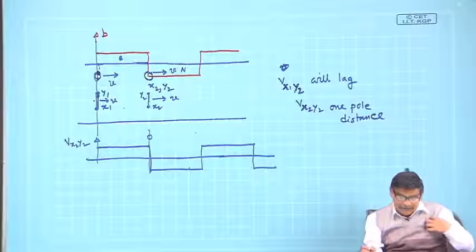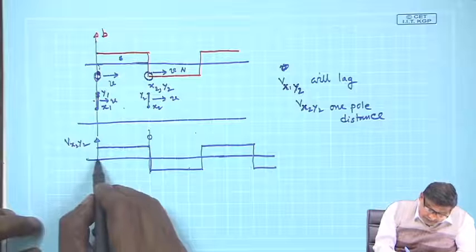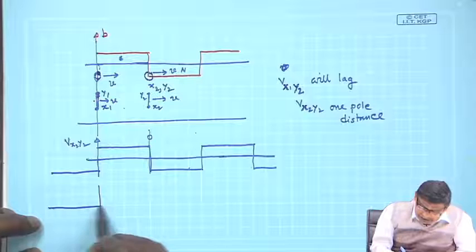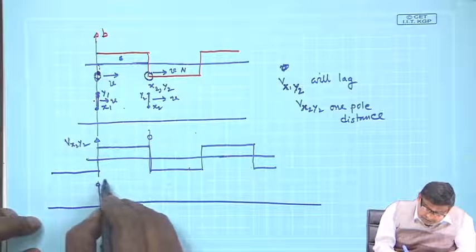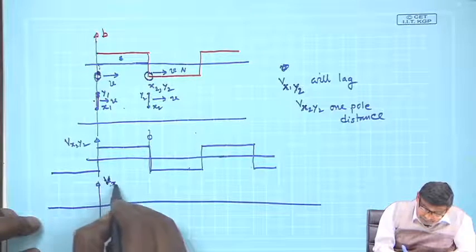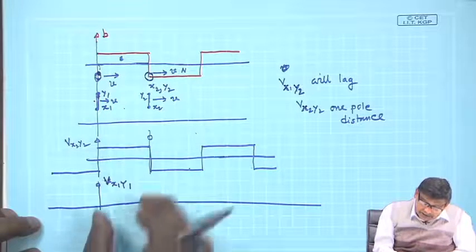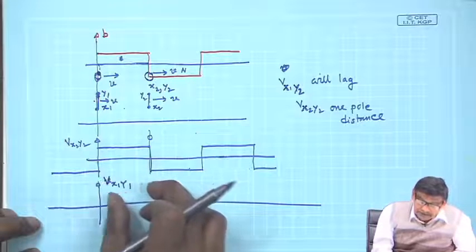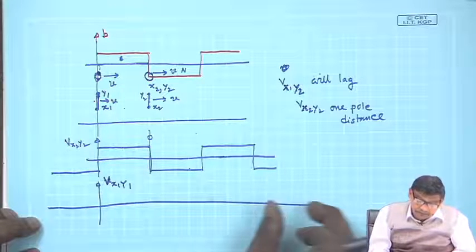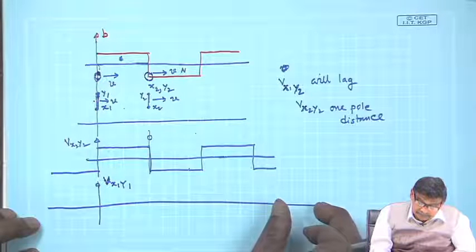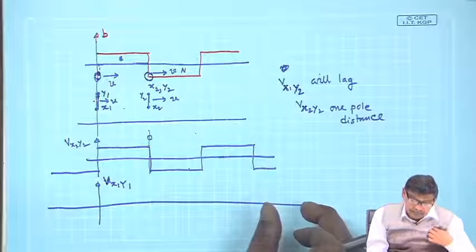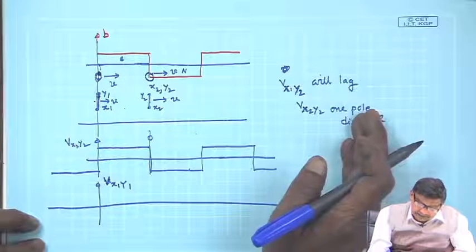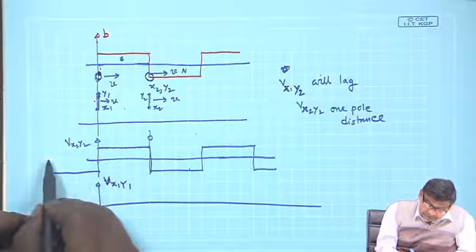So this was V x2 y2. If I want to sketch what will be V x1 y1, I will say this waveform, same waveform, but it will lag by an angle of one pole pitch, or should I draw it, this is V x2 y2, this will lag by 90 degrees.